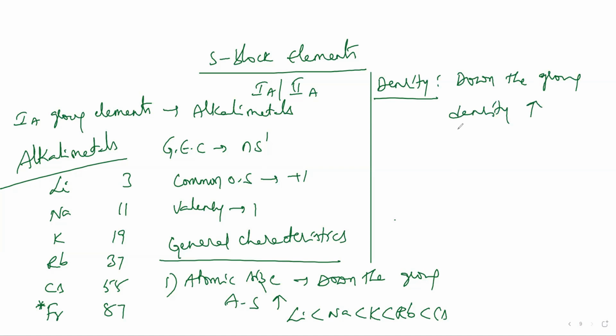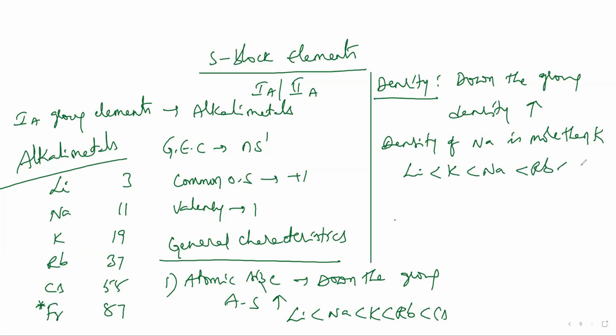But there is only one change. There is an exception. Density of sodium is more than potassium. This is the only change. Then what will be order? Lithium. Down the group, it should increase. But this is only change. Lithium less than potassium less than sodium less than rubidium less than cesium. Done. That is about density.